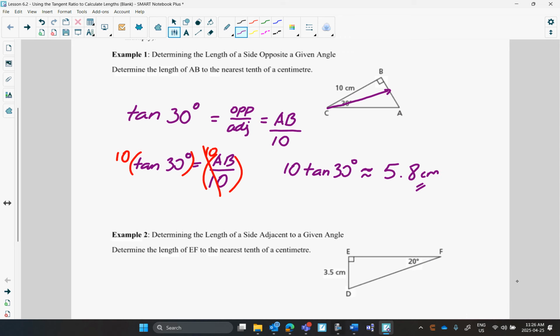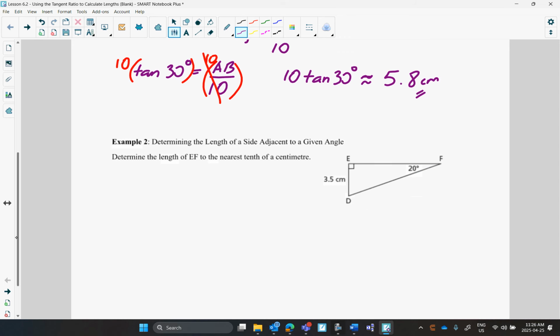Okay, let's do another one. And again, what am I doing at the start here? I'm setting up an equation, and then I've got to figure out how to solve it using algebra. Right now, the only one we know is tan, so we're going to start with tan. What's the acute angle we're given in this question? 20 degrees.